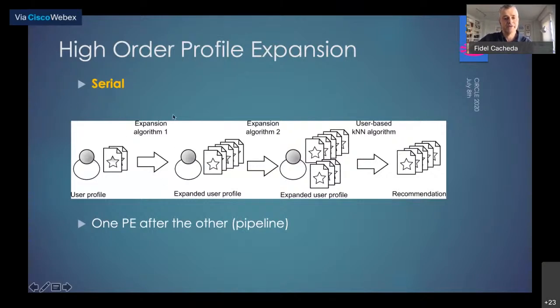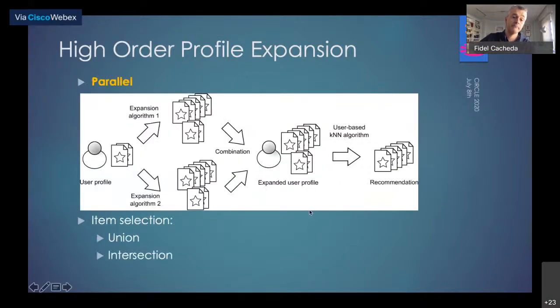So here we will first run expansion algorithm 1, and then with the expanded user profile, we run expansion algorithm 2. And finally, we get the expanded user profile and the recommendation. Okay, this will be serial. And in parallel, we run the two algorithms in parallel, and then we combine them. And for the combination, we tested the union of the items rated and the intersection of these items. Okay.